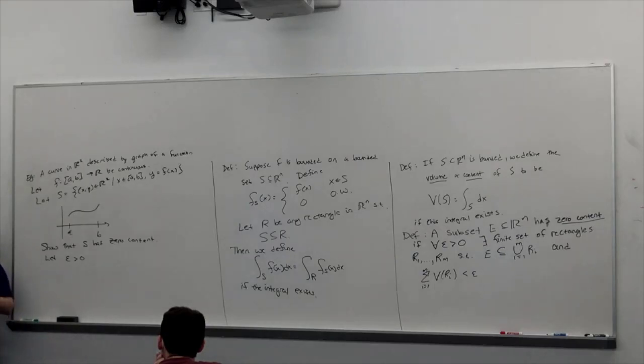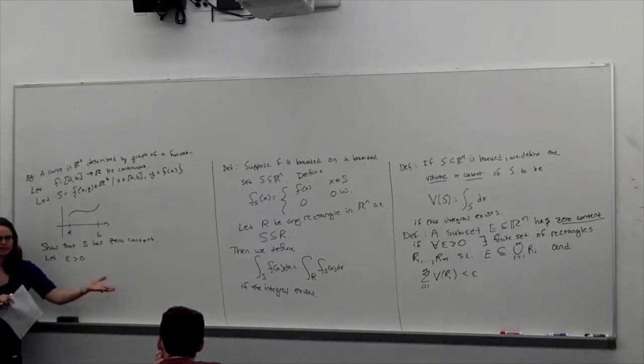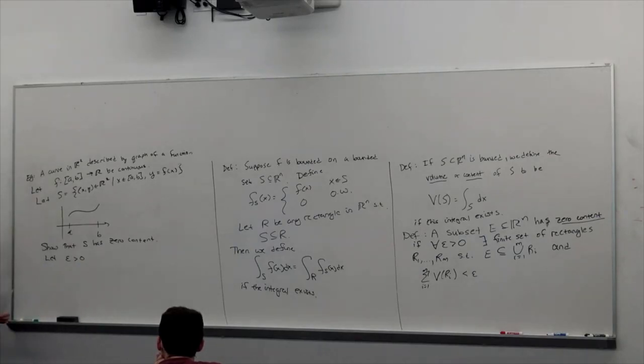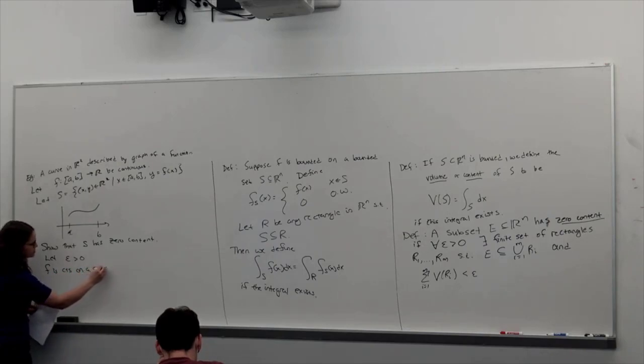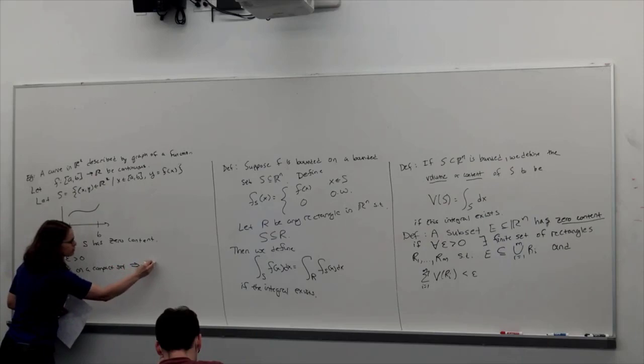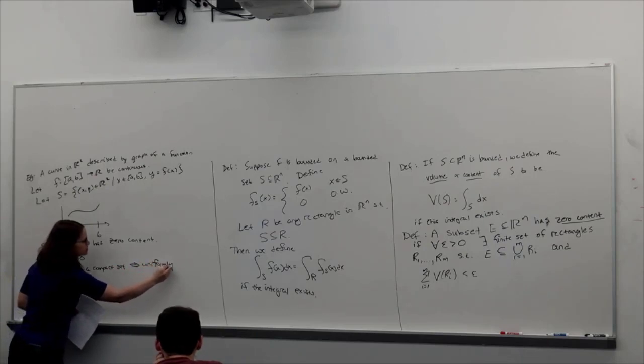So what does it mean? It means there exists this delta such that as long as the x values don't change by more than delta, the f values don't change by more than epsilon. That's continuity. All right, so let's write down what this means precisely. f is continuous on a compact interval, so uniformly continuous.